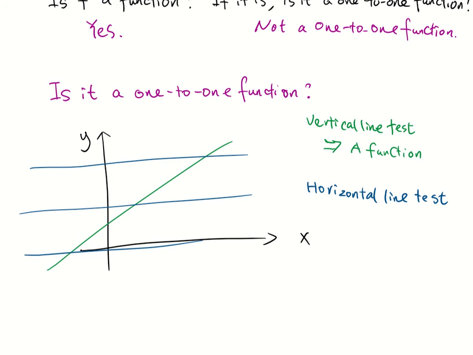But if it intersects the graph at most one point everywhere, that means it is a one-to-one function. So in this case, it does pass the horizontal line test. So not only is it a function, it's a one-to-one function.